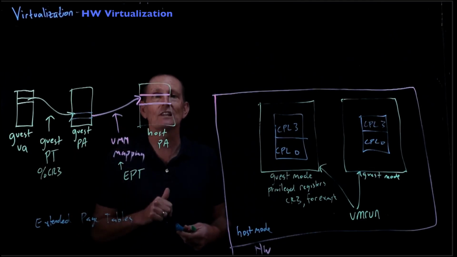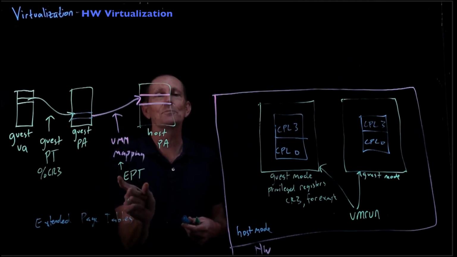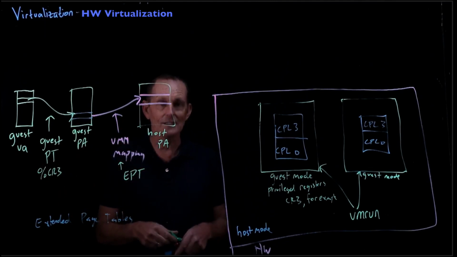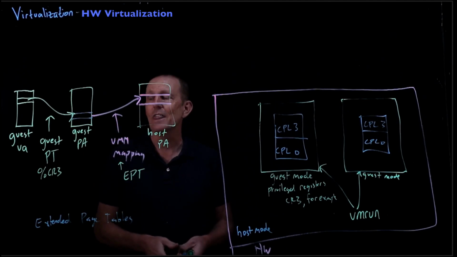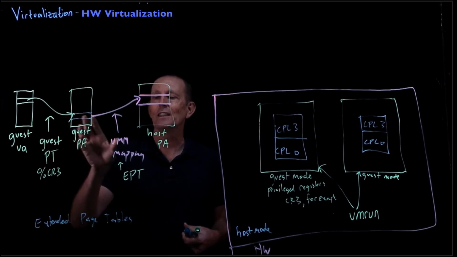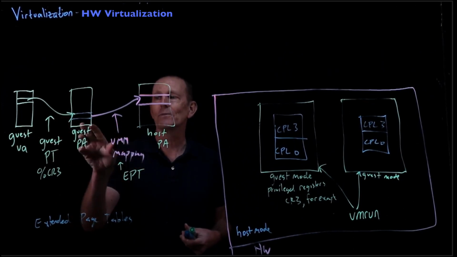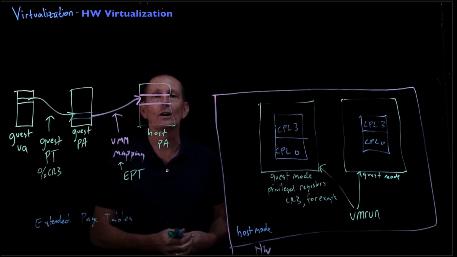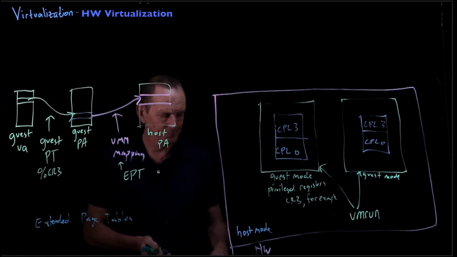And then it will do an additional level of translation using an extended page table to convert from the guest physical address to the host physical address. That is done by the hardware, and that way we don't need any shadow page tables. The guest OS can just make changes to its page table, and the VMM has its own separate mapping from here to here, and both of those will be applied on any memory access.